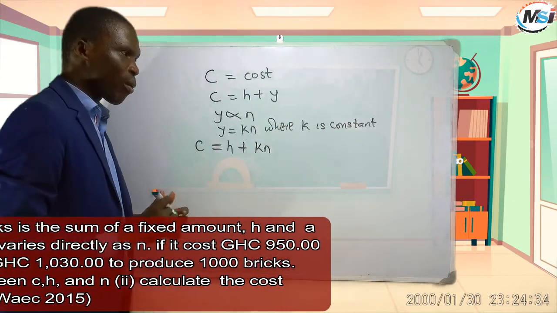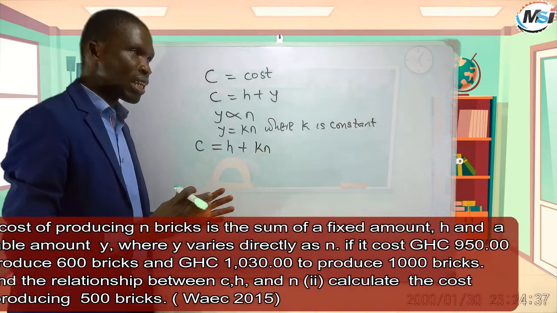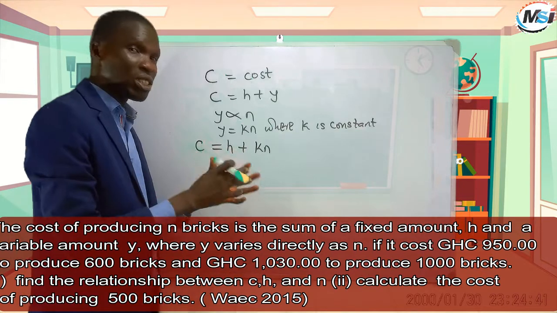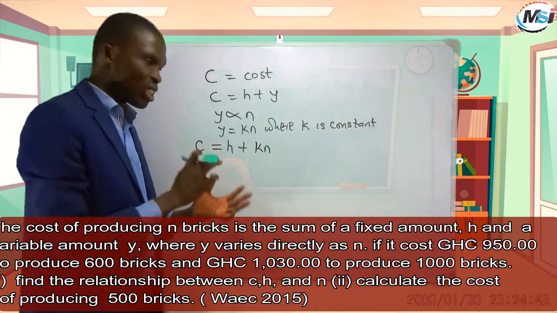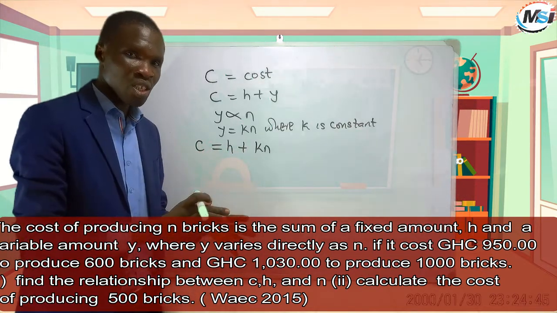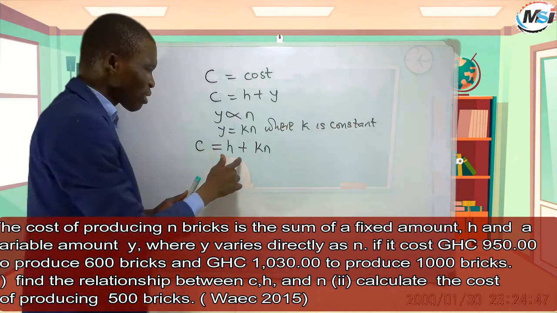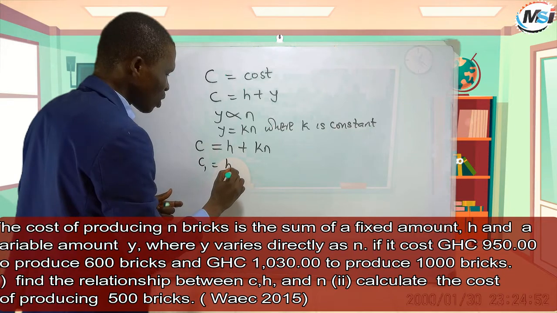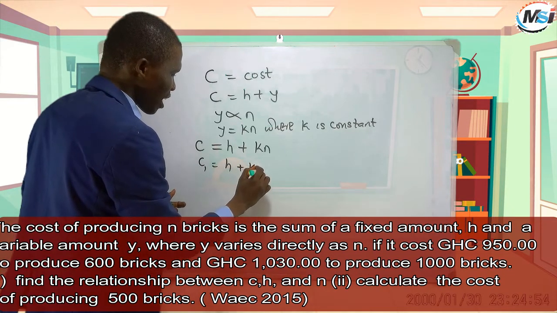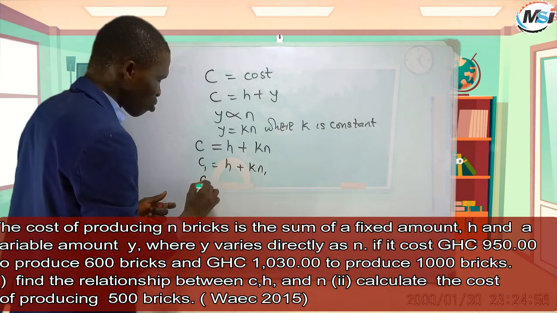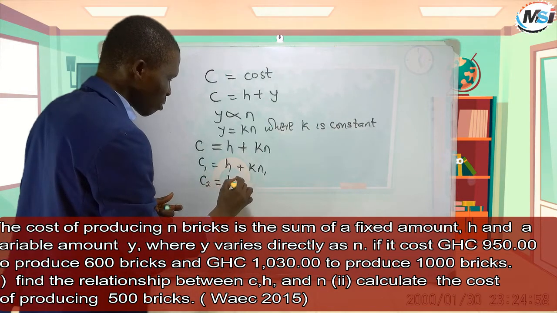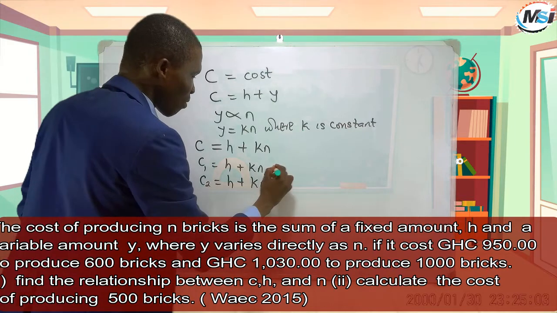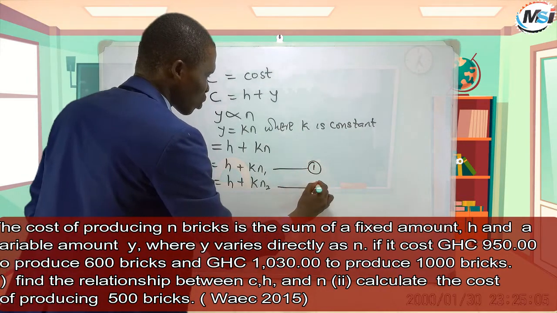So this will be our equation. But if you look at the question very well, you will discover that this is partial variation and you need to split it into two equations. This will lead us to simultaneous equation. So from here we can say C1 equals H plus Kn1, C2 equals H plus Kn2. So this will give us equation 1, equation 2.